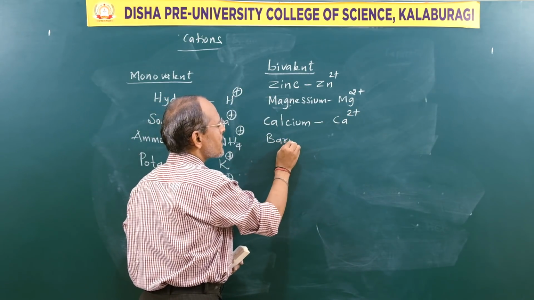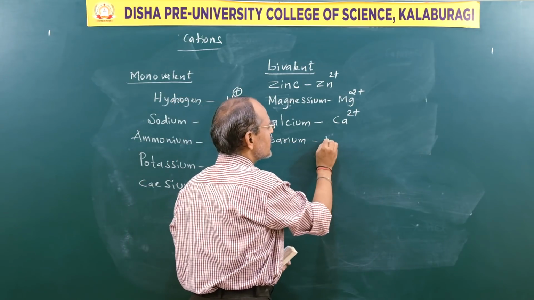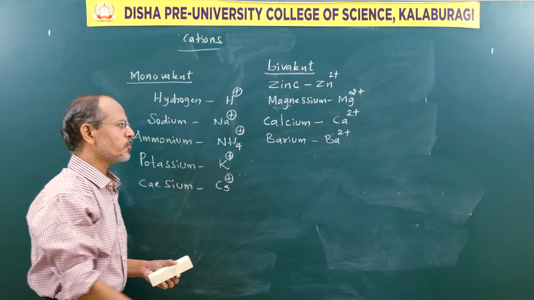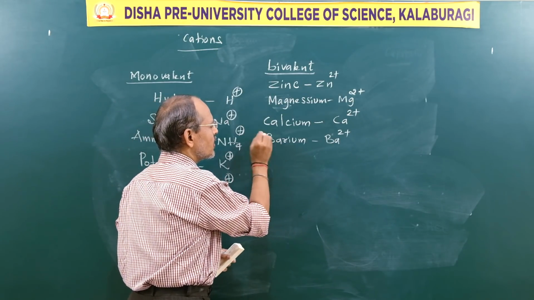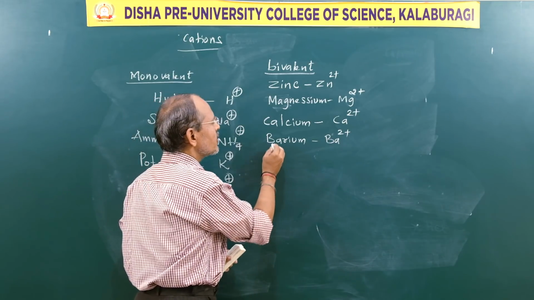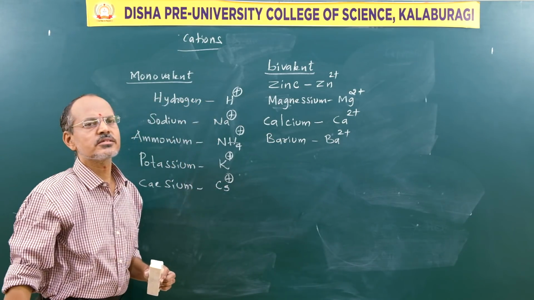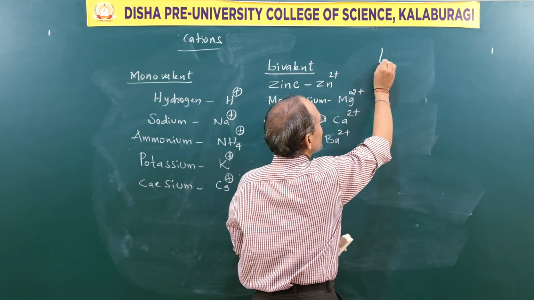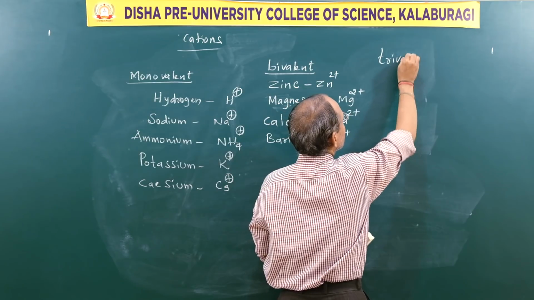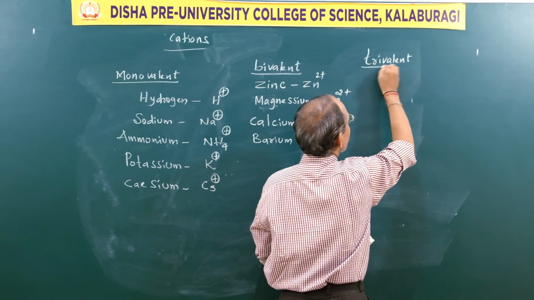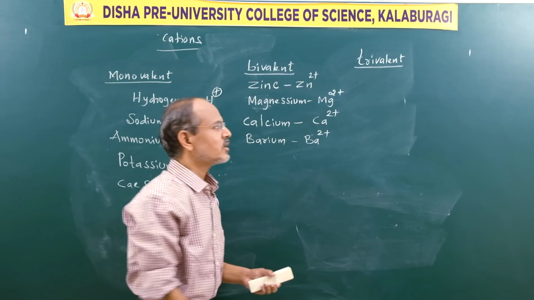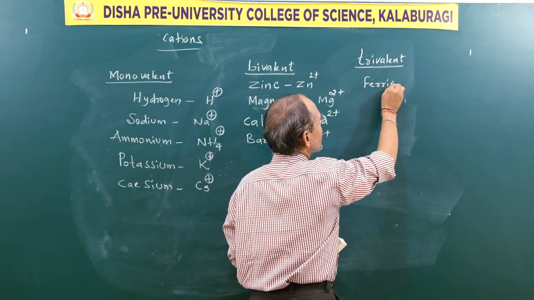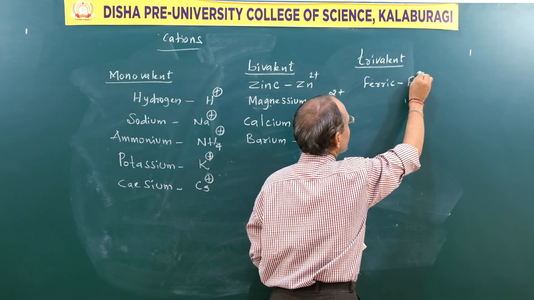Barium, Ba2 plus. Okay, so this is about some bivalent species. Trivalent. Ferric, that is Fe3 plus.